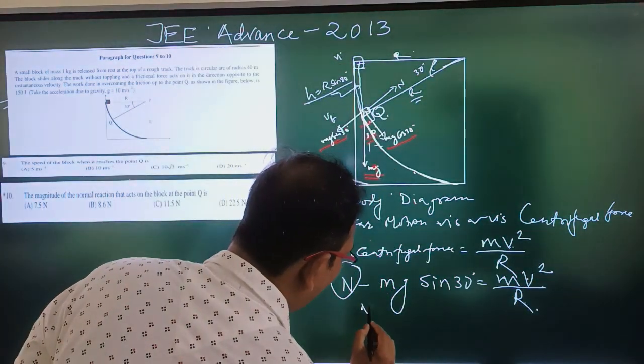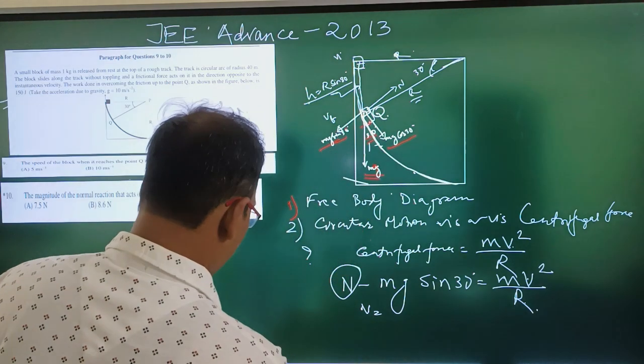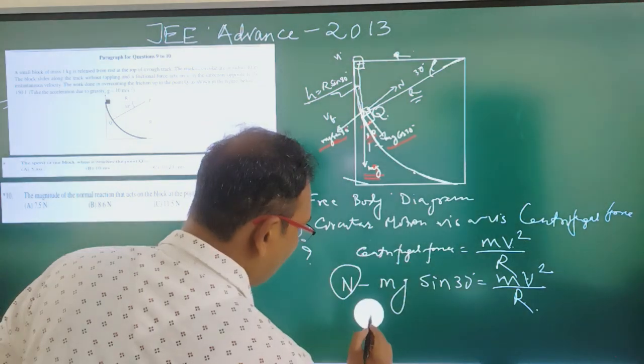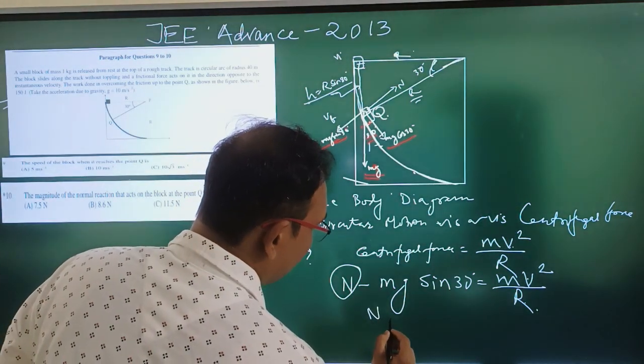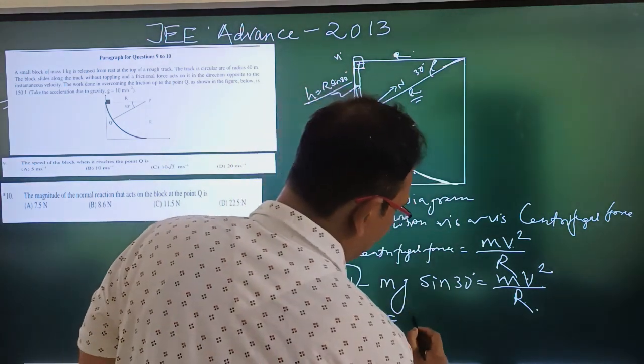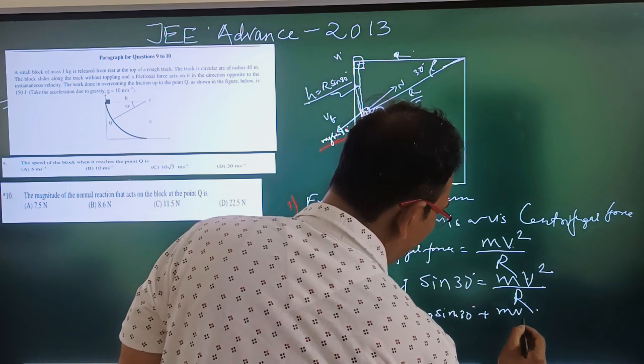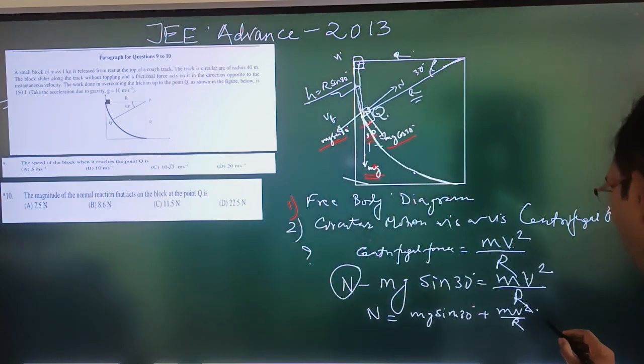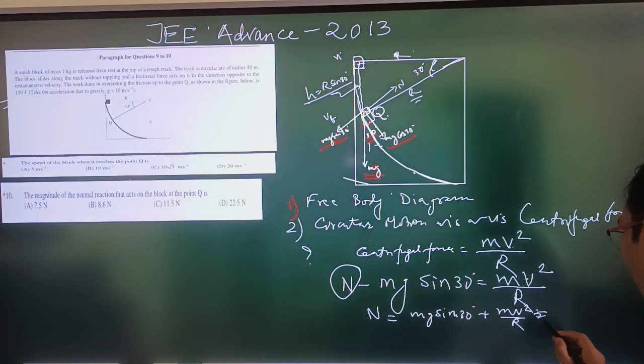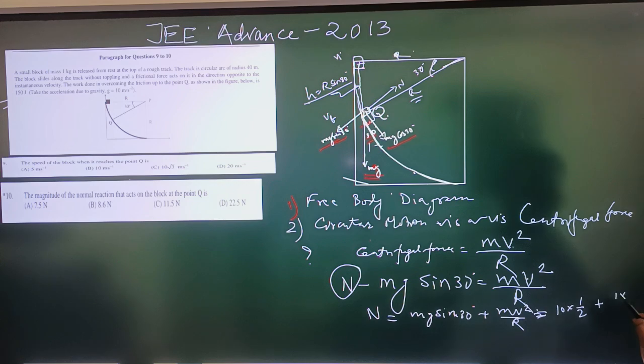So N is equal to, if we keep this on this side, mg sin 30 plus mv square by r. m is 1, g is 10 into half, plus m times v square, which we have already observed in the first question is 10 square divided by 4, and r is equal to 40.